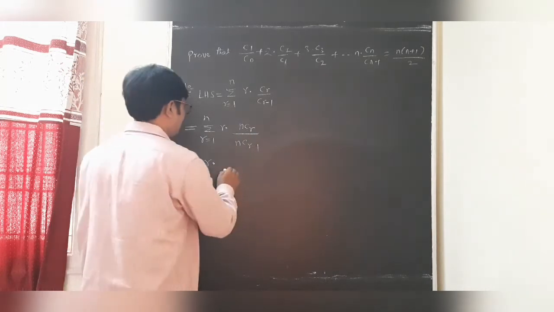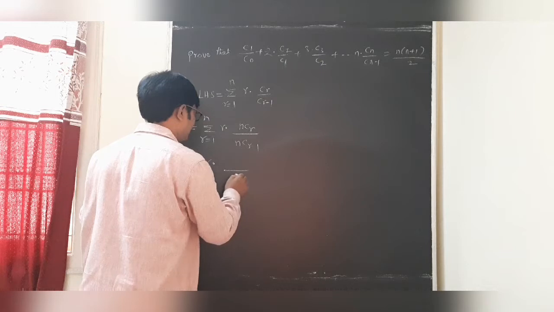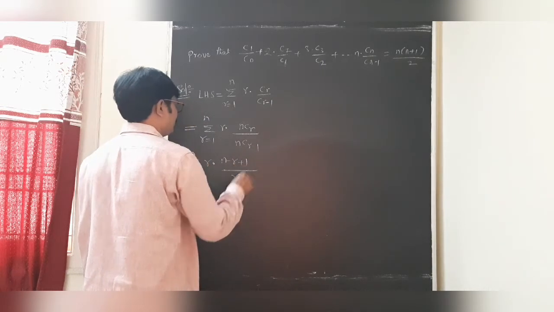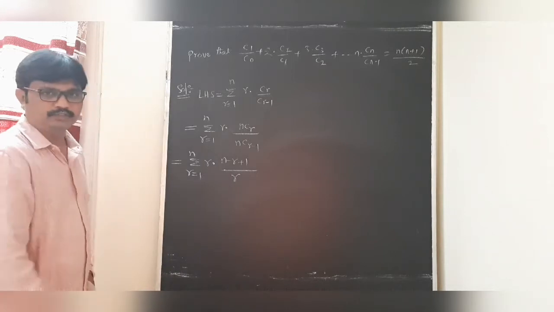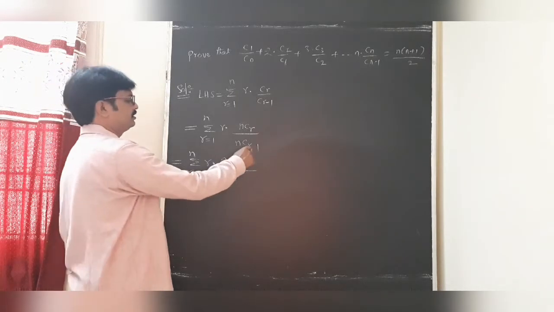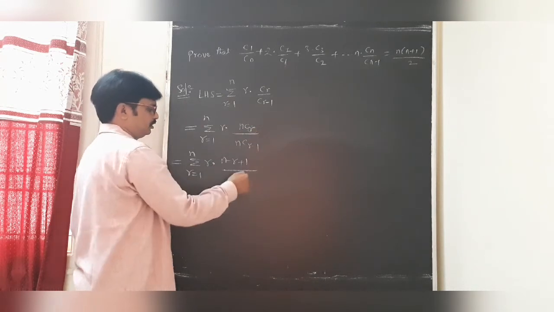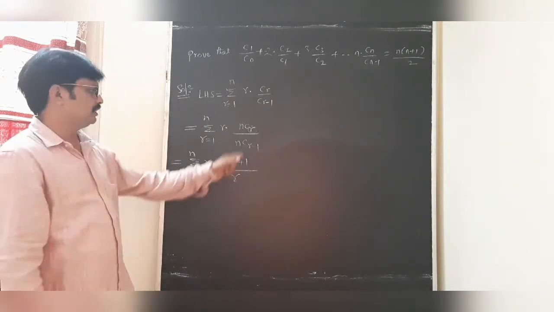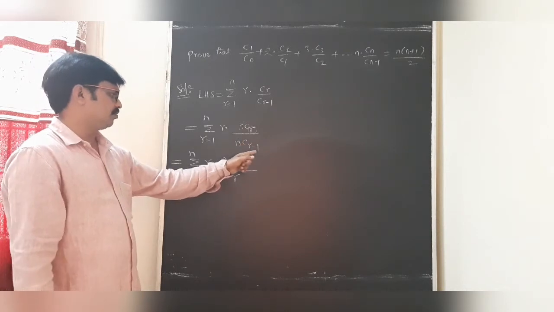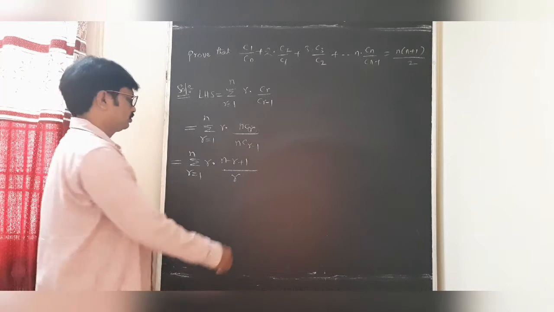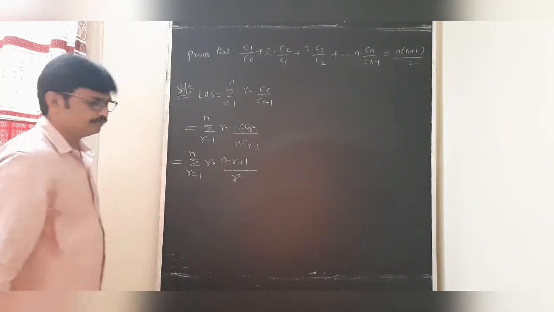Undoubtedly, we can write this as r into (n minus r plus 1). Since the suffix is the bigger, this is r. So, we know that nCr by nCr minus 1 is (n minus r plus 1) by r. So, students, these are cancelled.